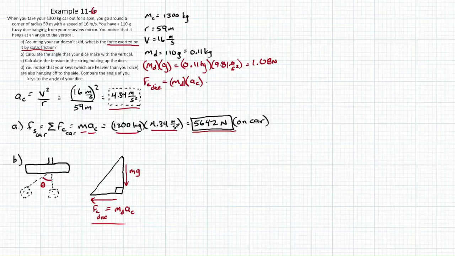Okay, that's 0.11 kilograms times, and we found this right down below here, 4.34 meters per second squared.